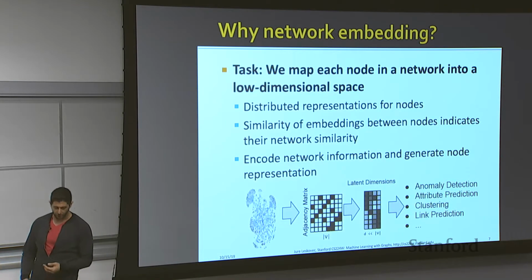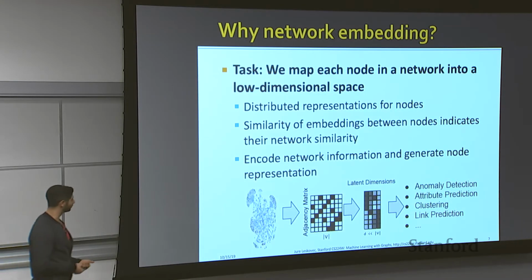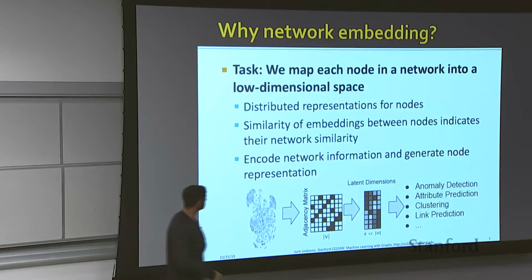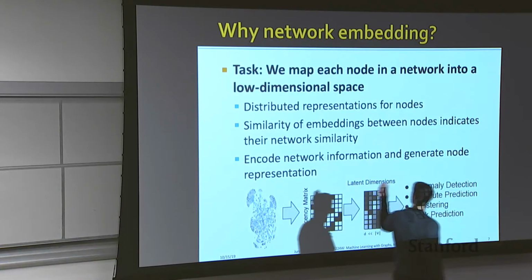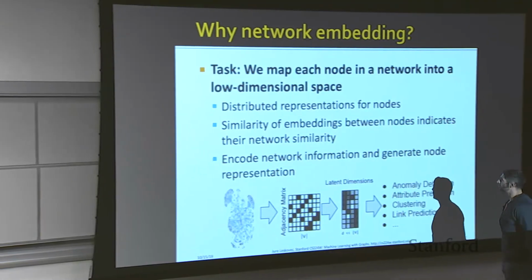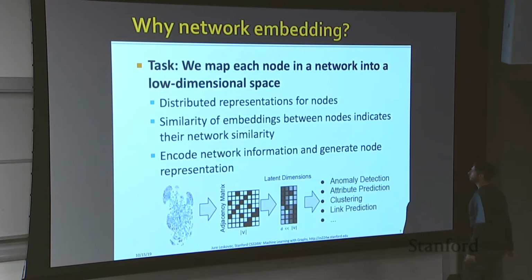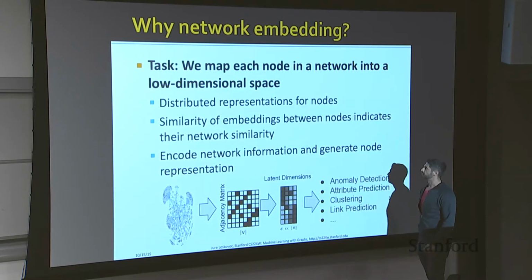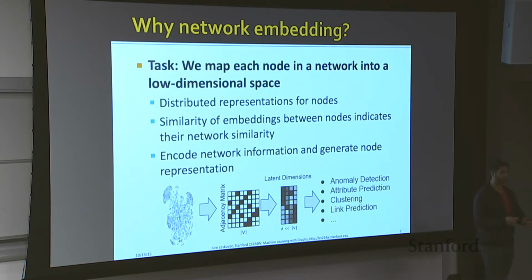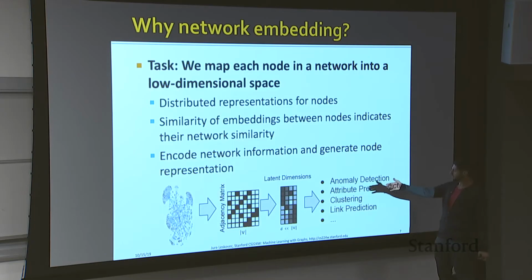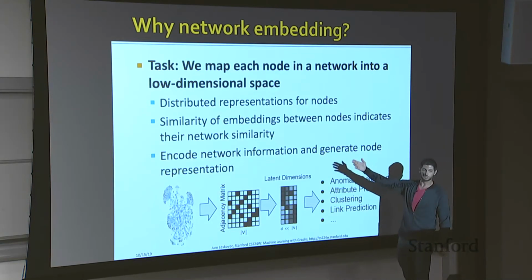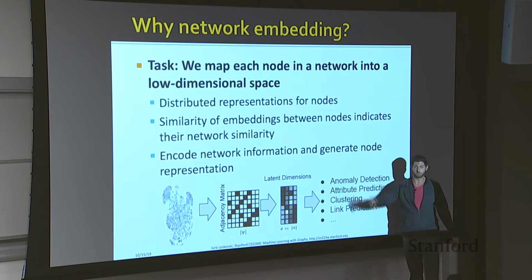Now, why is it so useful, and where has this been applied? Once we can map each node into a low-dimensional space, first of all, we obtain these distributed representations for the nodes that we can reuse in different tasks. For example, with this vector representation, we can test the similarity between those embeddings.